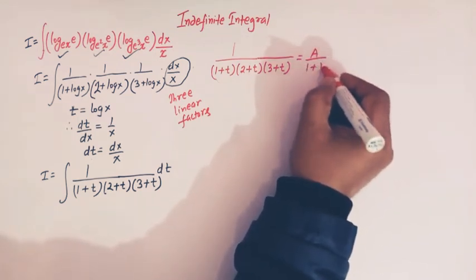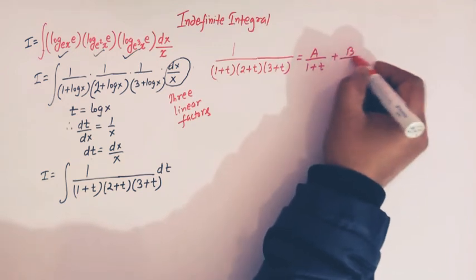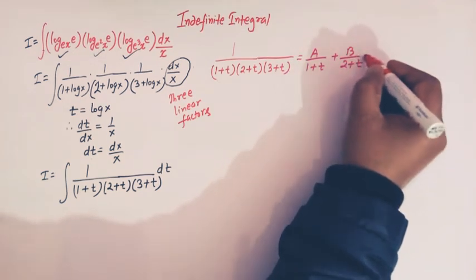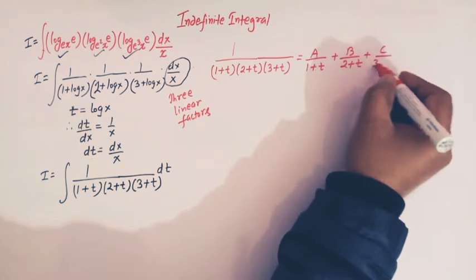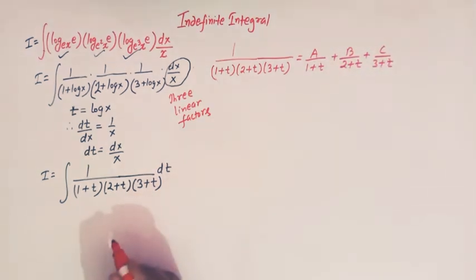over 1 plus t, then we have b over 2 plus t, and then we have c over 3 plus t, right?